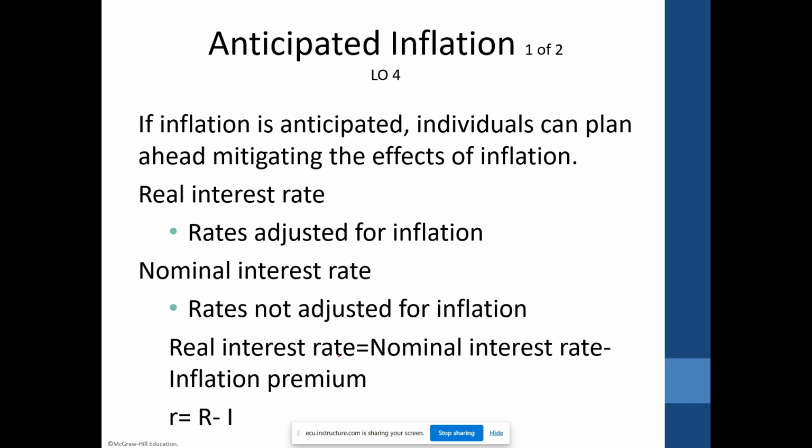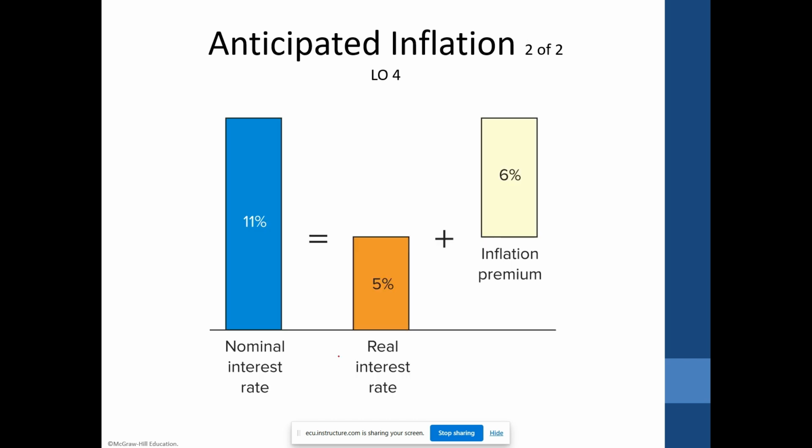Inflation premium is the amount that the interest rate is raised to cover the effects of anticipated inflation. Real interest rate is defined as nominal rate minus the inflation premium. This figure shows the inflation premium and nominal and real interest rates.